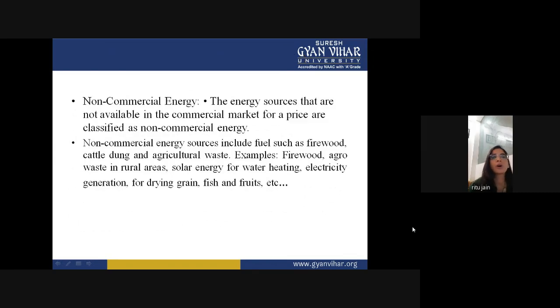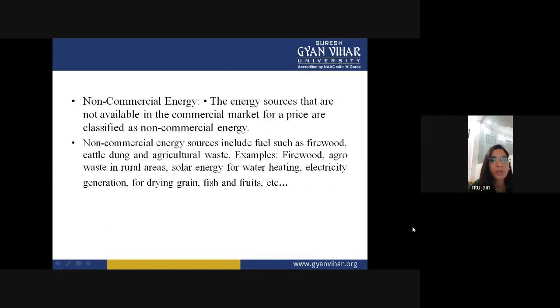Now, non-commercial energy. The energy sources that are not available in the market for a price are classified as non-commercial energy. For example, you need not pay a single pie for your sunlight. You need not pay a single pie for wind.